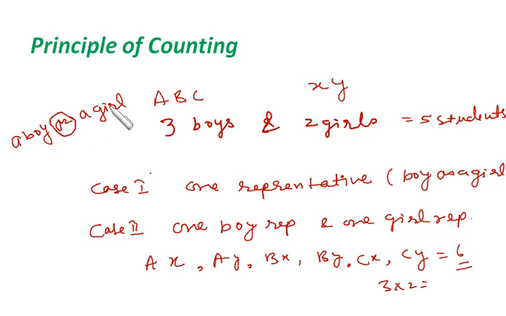So in this case, the principle of addition would work, and a boy and a girl. So just concentrate on this 'and'. In this case, the principle of multiplication would work. So here we have added the data, here we have multiplied the data, right? So let's take more examples of this.